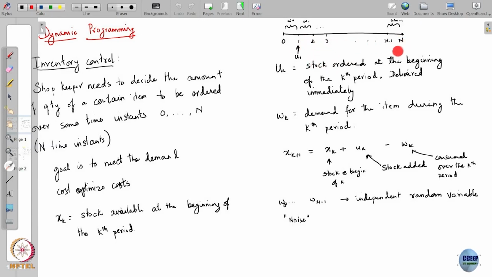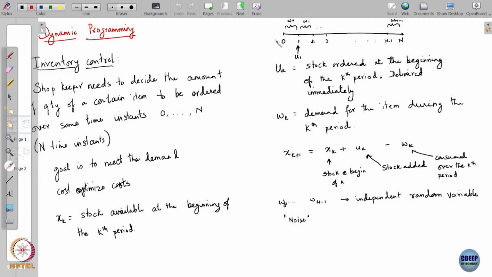So, a specific action cannot be decided because that action would depend on the inventory available, and that inventory available in turn would depend on the demand that would get realized, which in turn is not known to us, right. So, as a result of this, what do we see?